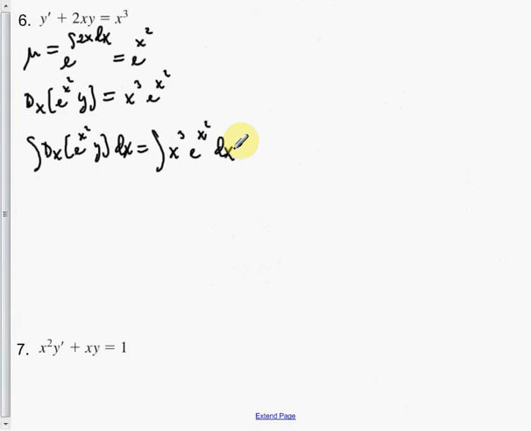All right, so the left side is e to the x squared times y. That's equal to, what's the integral of x cubed times e to the x squared dx?